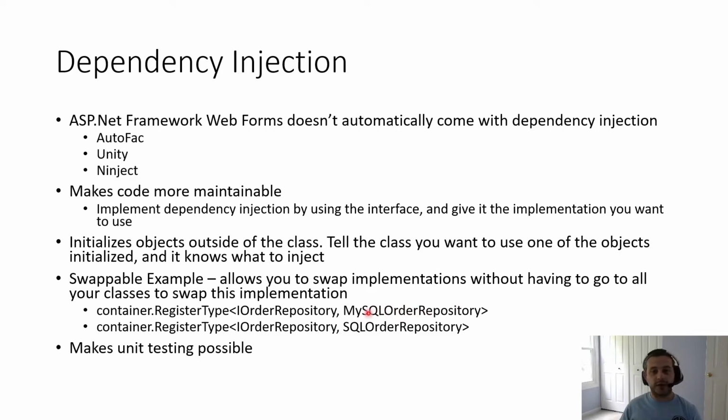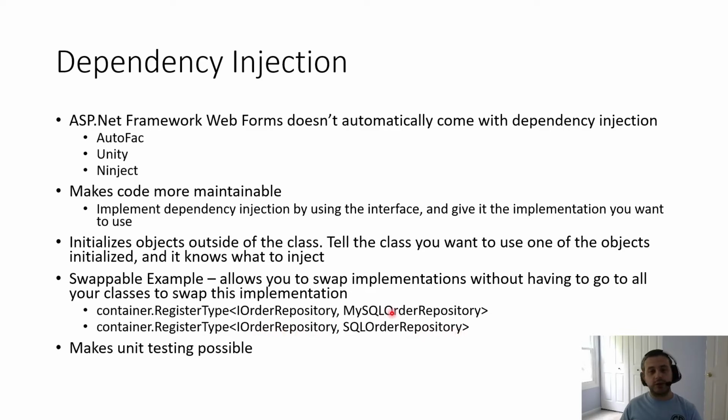So I have this MySQL order repository implementation of this interface. Then let's say that a year from now, I decided to swap it with a SQL implementation instead of MySQL. So I would create a new class and implement the iOrder repository into it.